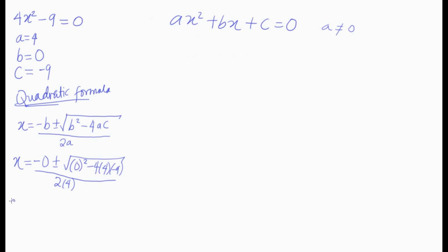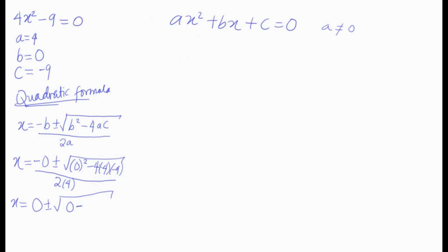Then we proceed to solving. My negative minus 0 is basically just 0, plus or minus. So we have 0 minus 4 times 4, which is 16. 16 times 9, since 4 times 4 is 16. And 16 times -9 is, what do you guys think?